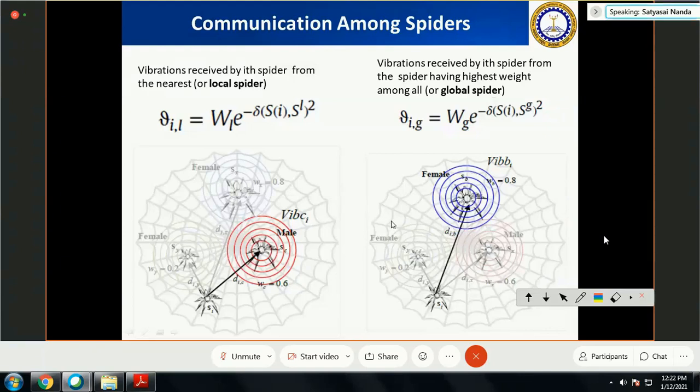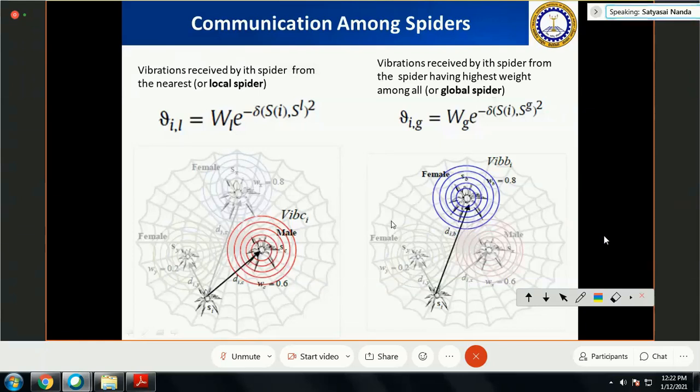If we compare this update equation with particle swarm optimization, in particle swarm optimization there is no nonlinear relation, but here the nonlinear relation is there: e to the power minus delta times SI SL squared. So that makes the traveling so effective in the nonlinear space.